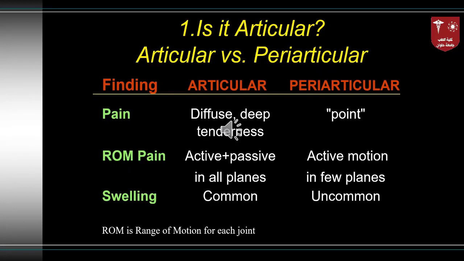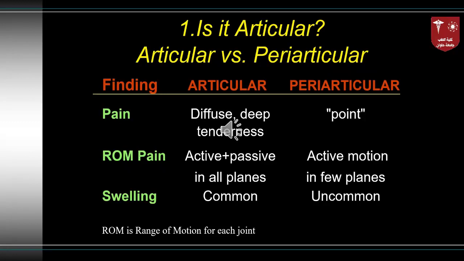Regarding the range of motion, it is painful in case of articular affection in both the active and passive range of motion. By active, I mean the patient himself moves the limb. Passive, the examiner or the physician is the one who moves the joint.